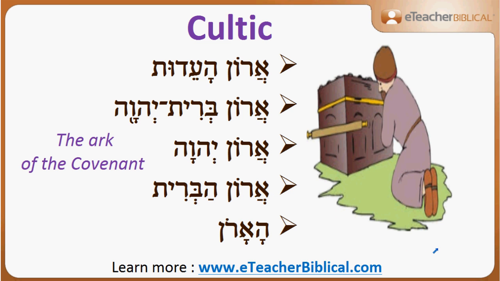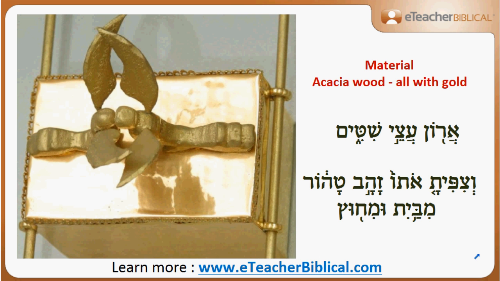But most references in the Bible would refer to the Ark of the Covenant, Aaron Ha'edut, Aaron Berit Adonai, Aaron Adonai, Aaron Berit Ha'aron, and many others in the Bible, all of them referring to the Ark of the Covenant. Very specific description about the materials.